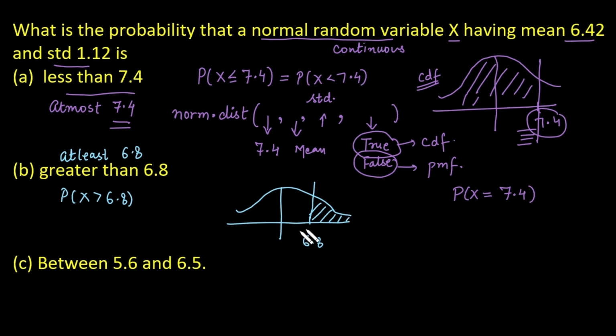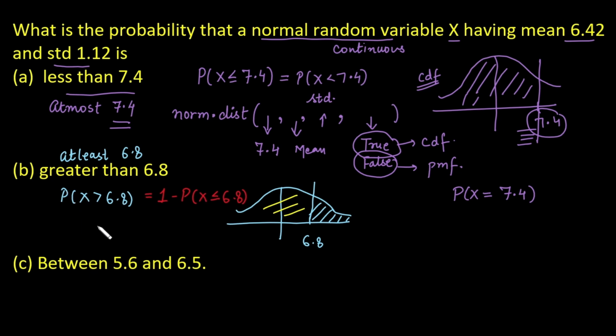So this can be calculated as total area minus this area, and the total area is 1. So in this case we can say that 1 minus probability of x is less than equal to 6.8.